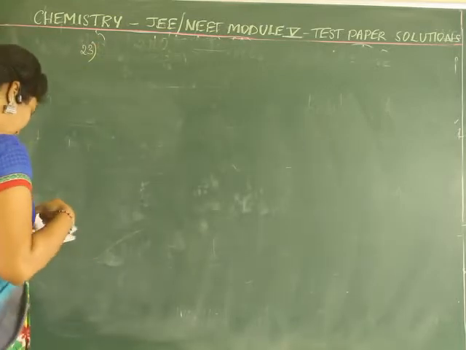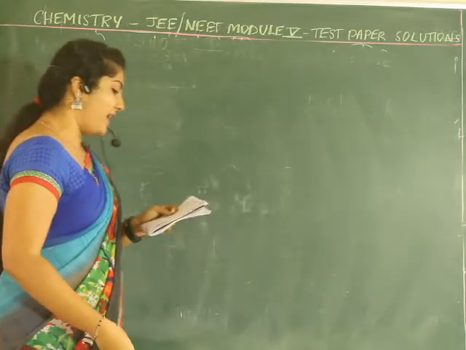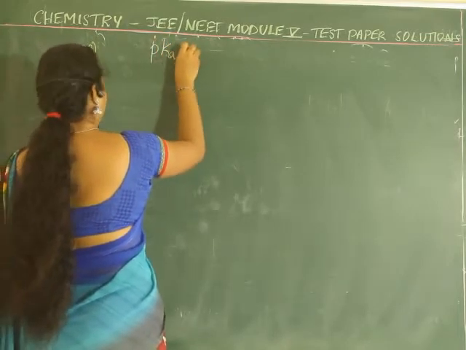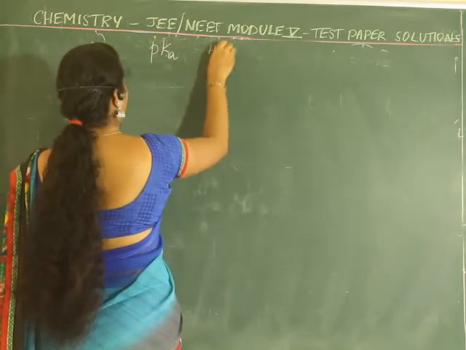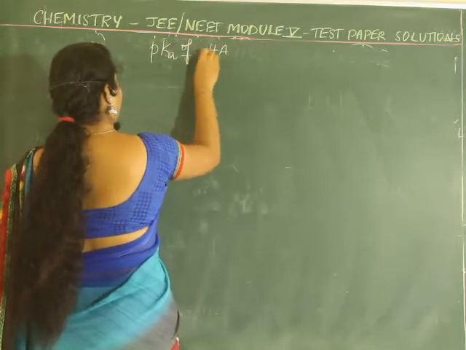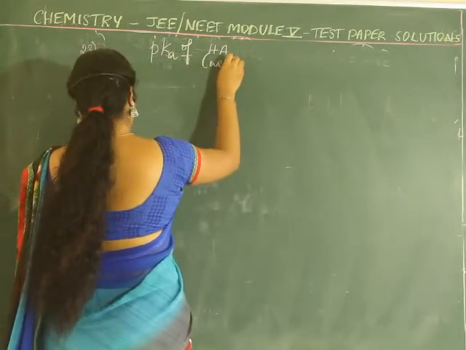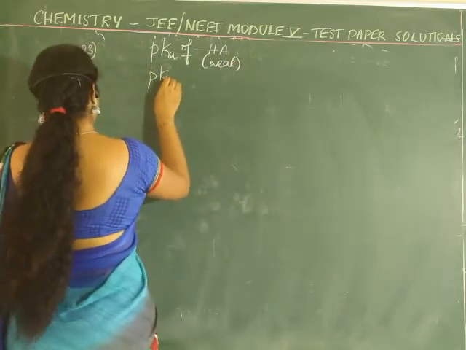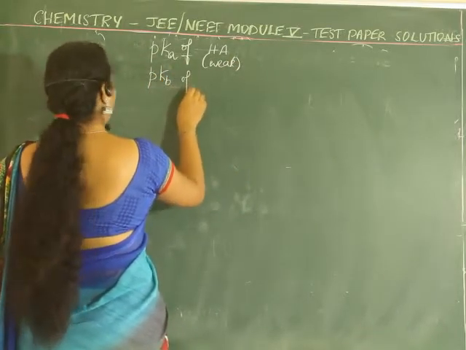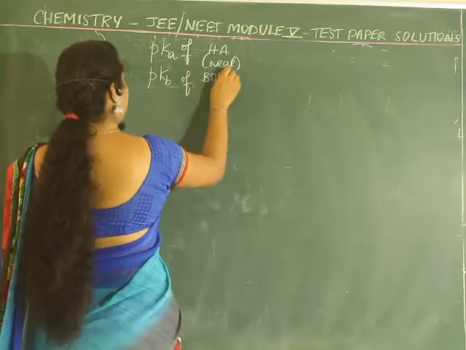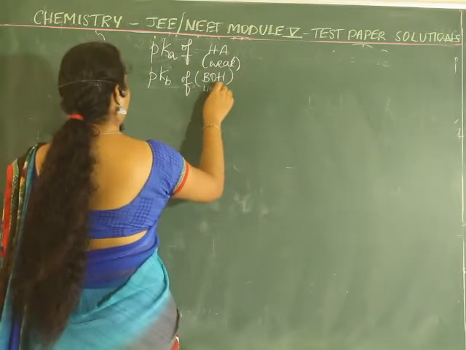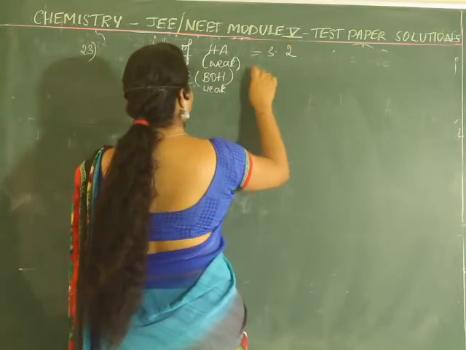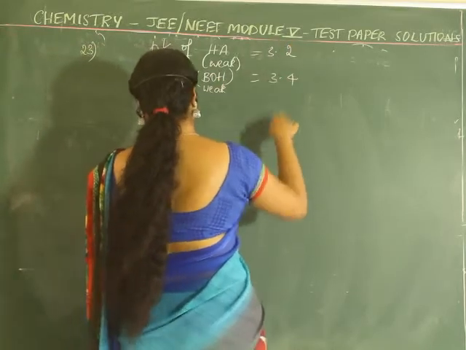Question 23. The pKa of a weak acid, that is HA, and the pKb of a weak base are 3.2 and 3.4 respectively.